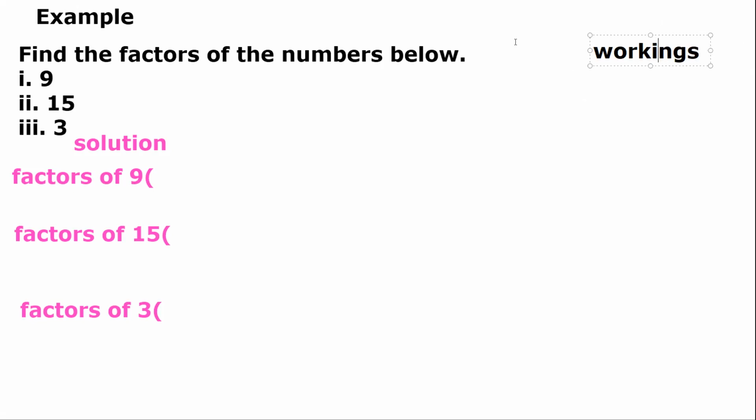Now, first one is factors of 9. So you number 1 to 10 under the workings. So you have your 1, 2, 3, 4, 5, 6, 7, 8, 9, 10.